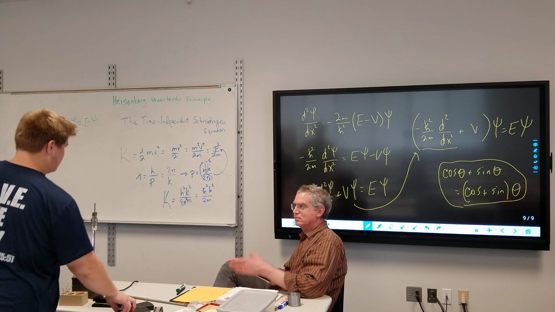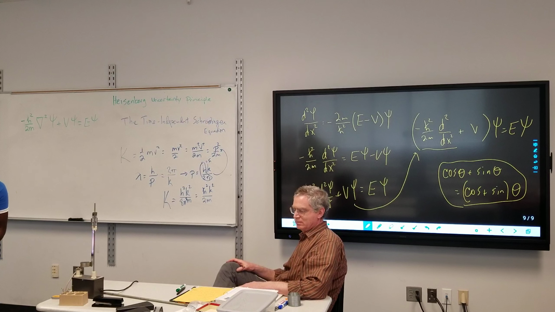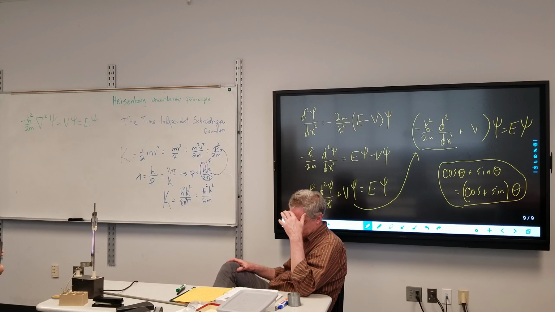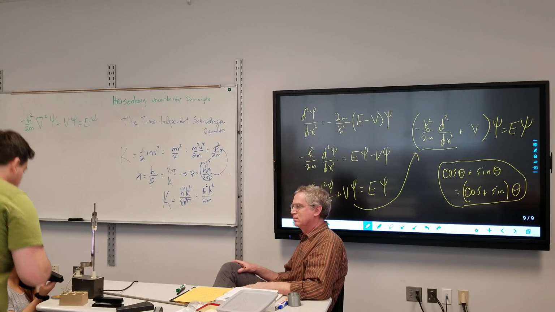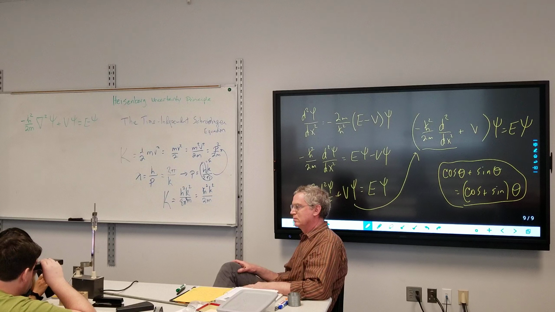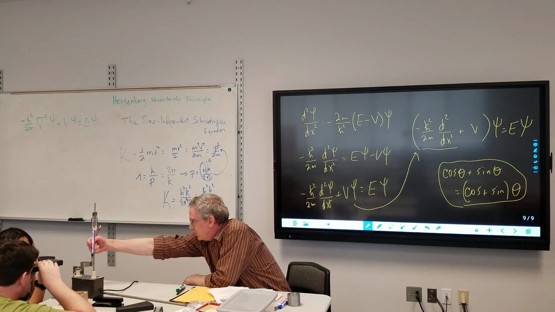You see the color lines? You look through there and you want to line up this slit. There's a slit right here. You line that slit up with the light.